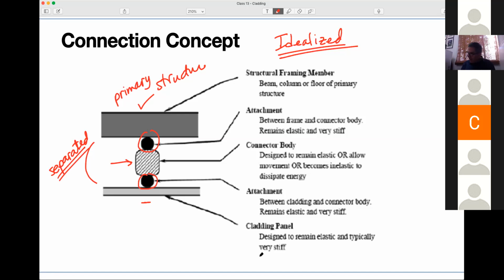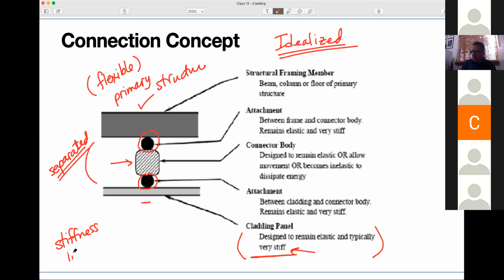But here we've got something very stiff. Generally speaking, those are extremely stiff. And the structure is generally thought of, at least from a relative point of view, as much more flexible. So this is where we've got a stiffness incompatibility.